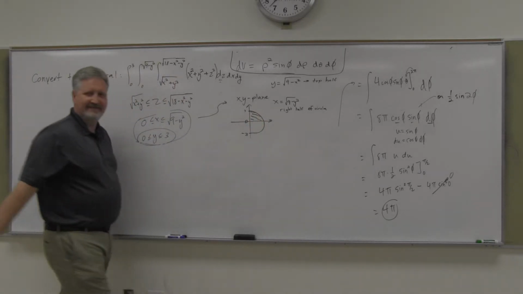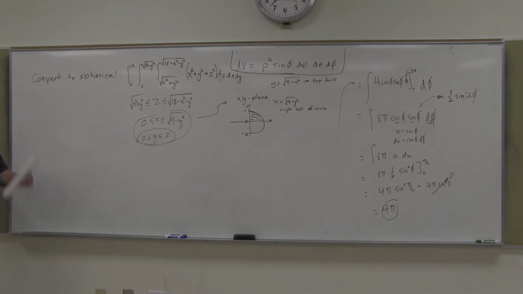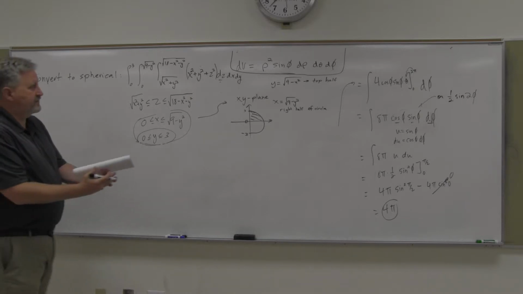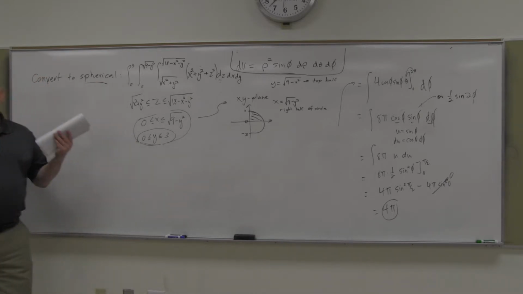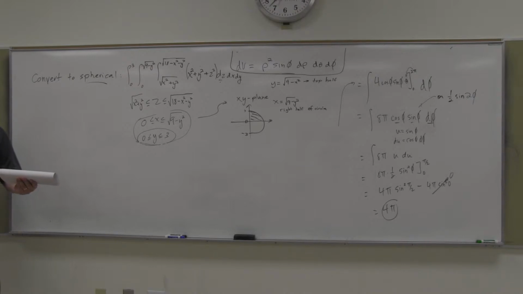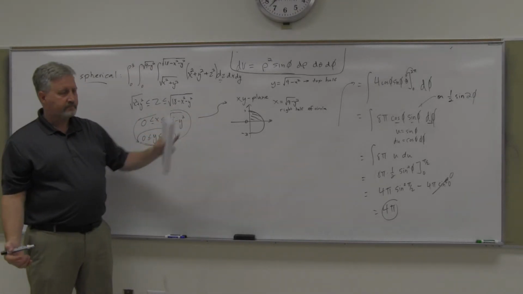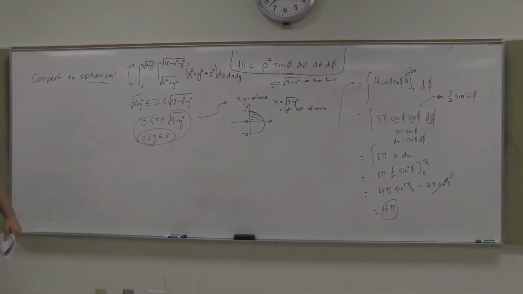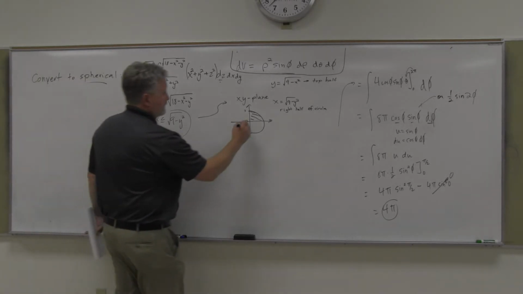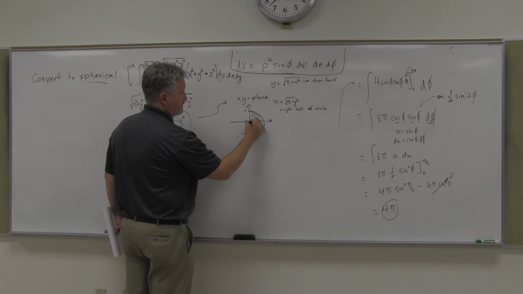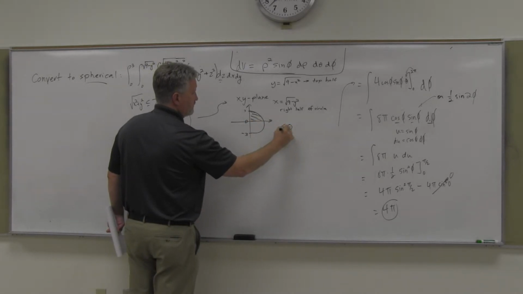With me there? All right. Well, what does that give? That gets me theta. Remember, theta is the angle in the spherical coordinates. Theta is the angle in the xy plane. So what in the xy plane am I dealing with here as far as theta goes? Well, theta goes from 0, right?